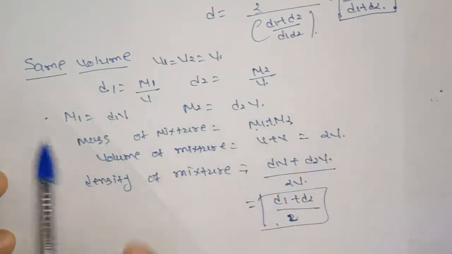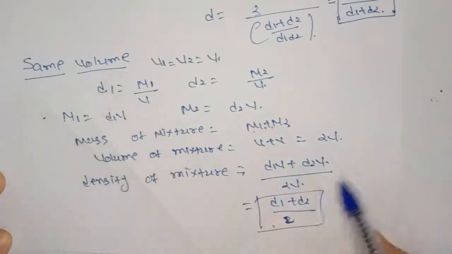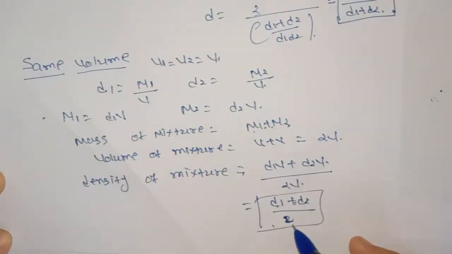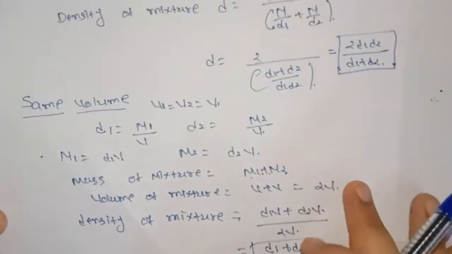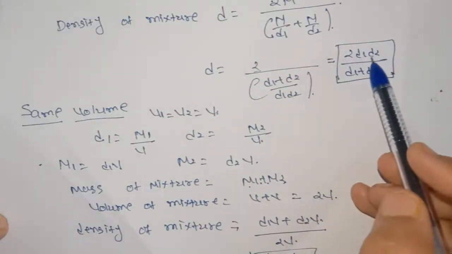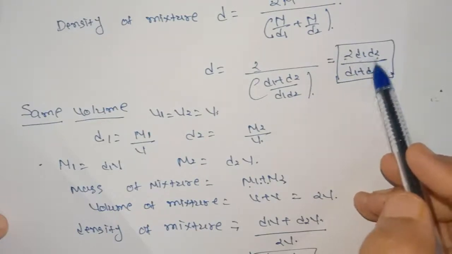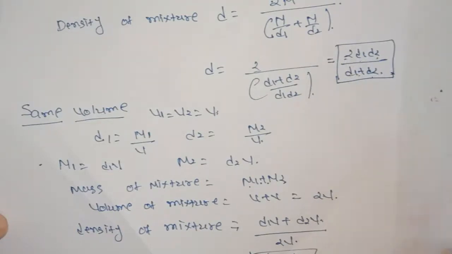So if the mixture has same volume of substances, then the density will be D1 plus D2 by 2. And if it has same mass of participating substance, then the total density will be 2D1 D2 upon D1 plus D2.